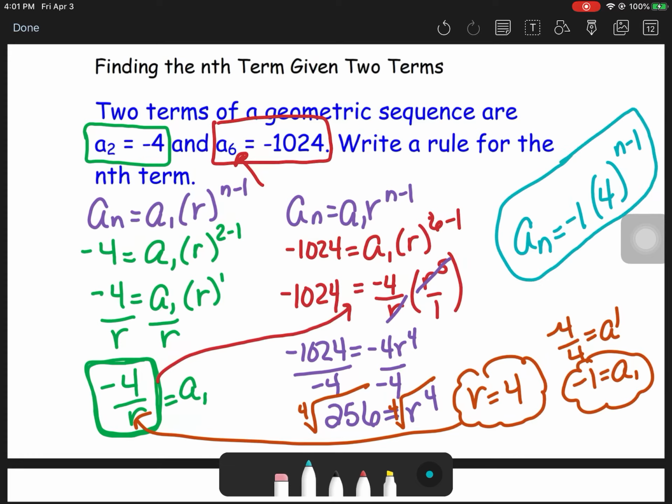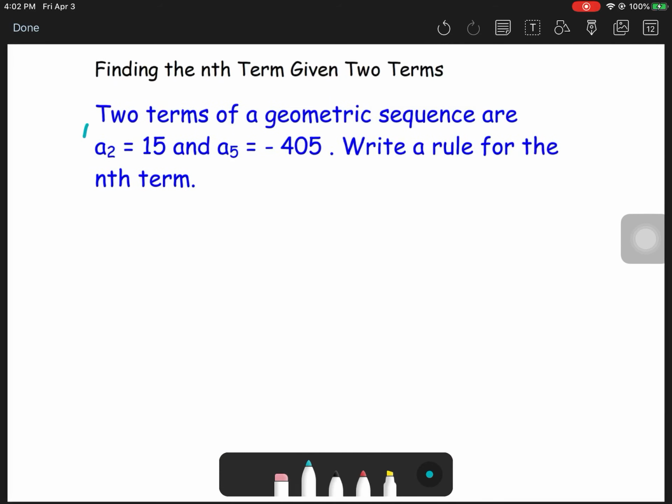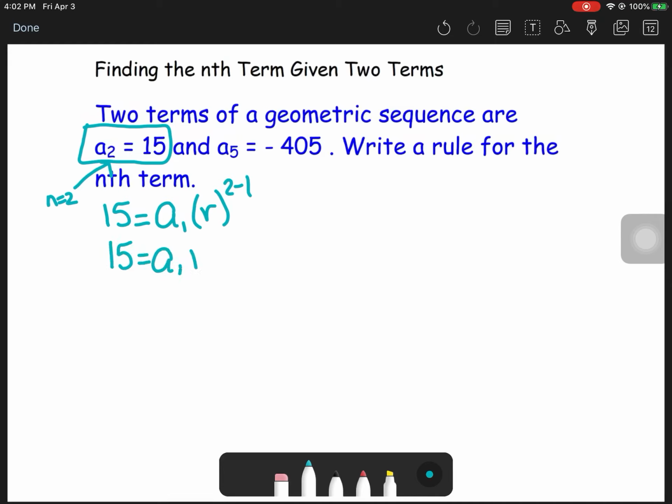These take a little bit longer to do, a few more steps, so we're going to practice one more. Okay, here's our first set. So we're going to take our first term, rate to the n minus 1 power, but our n is 2. Remember, our n is 2. So now we're going to simplify and divide both sides by r so that we get the a sub 1 by itself.